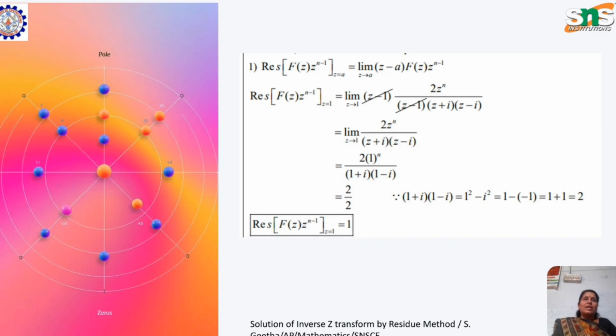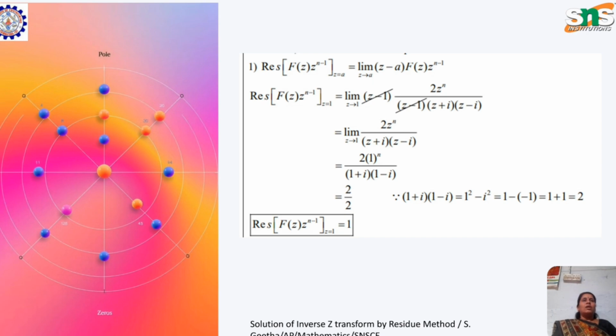Now we are going to calculate the residue of F of Z into Z power n minus 1 at the point Z equal to 1. We know the formula: residue of F of Z into Z power n minus 1 at Z equal to a is equal to limit Z tends to a, (Z minus a) into F of Z into Z power n minus 1. Here instead of a we have 1. So the residue is limit Z tends to 1 of (Z minus 1) into 2 into Z power n divided by (Z minus 1) into (Z plus i) into (Z minus i).